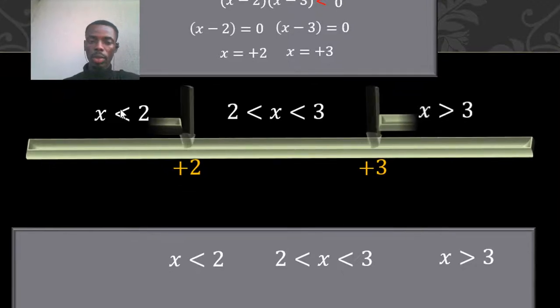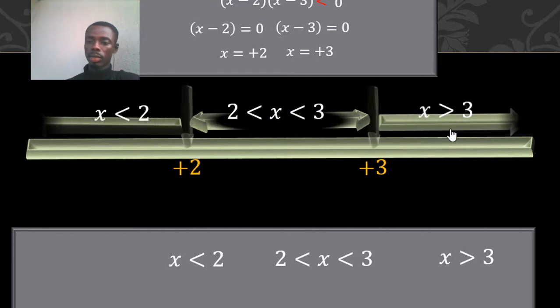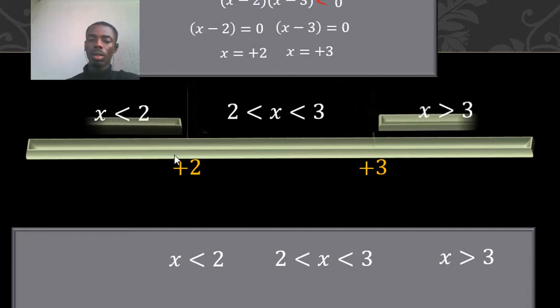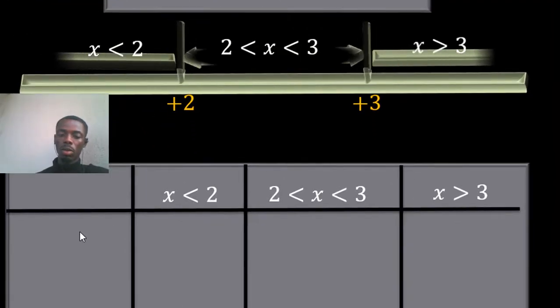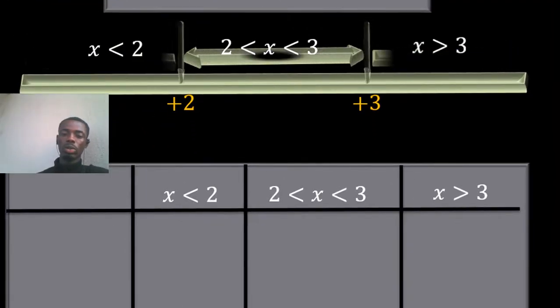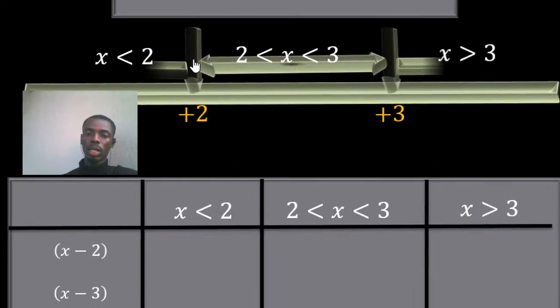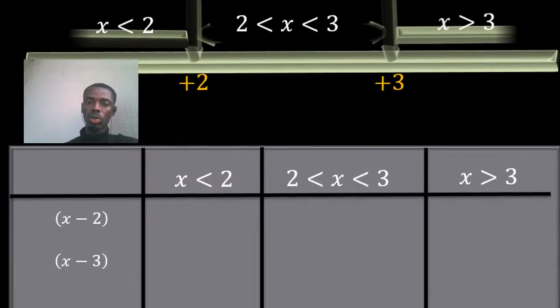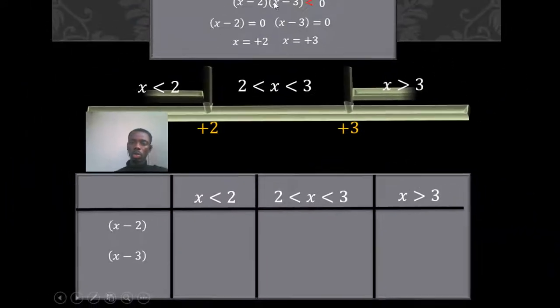Here 2 is less than x and x is less than 3, and here x is greater than 3. Now what are they? You make this tabulation. So for your rows, the first value here is x minus 2, the second one is going to be x minus 3, and the third one is going to be the combination of the 2, x minus 2, x minus 3.